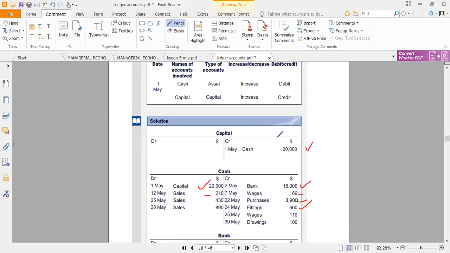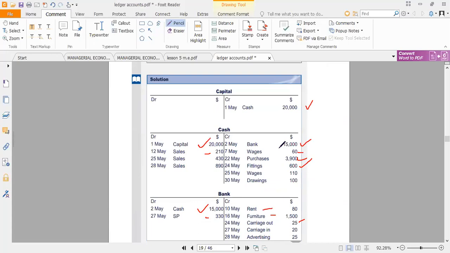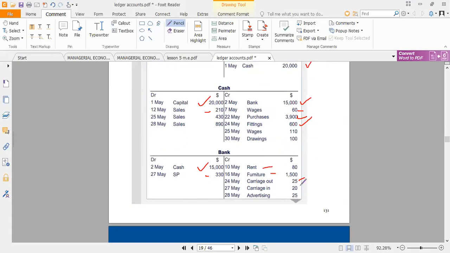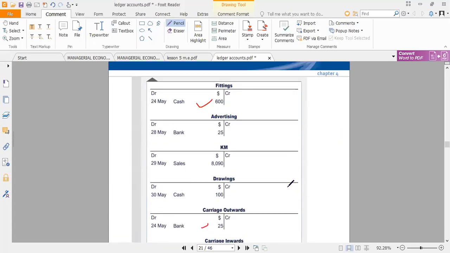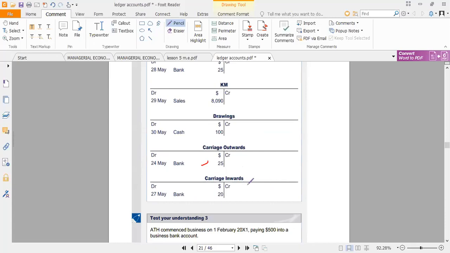So we go to the bank. Since we're paying by check 20, then we go to carriage inwards. It's an expense. To increase expenses, we do what? We debit.